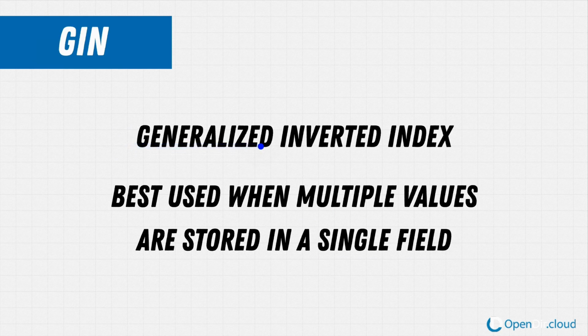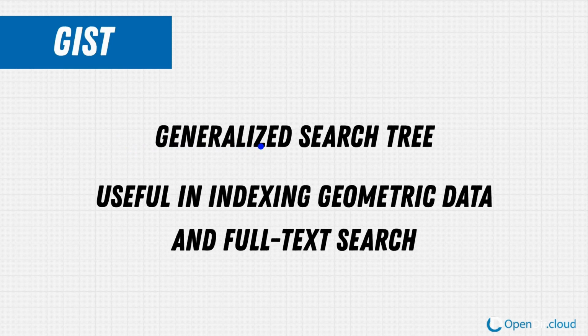And then the last algorithm I wanted to show you when or how to use is the GIST algorithm, the generalized search tree algorithm. And this one is useful when you're trying to index geometric data or full text search. So if you had a database where people are leaving reviews and you wanted to search against specific keywords in a review to see, hey, is this good, bad, whatever?